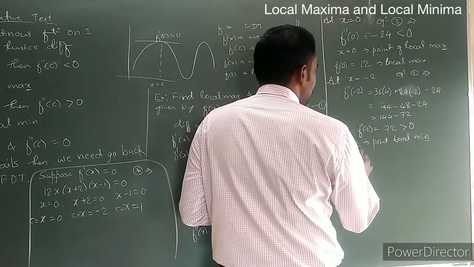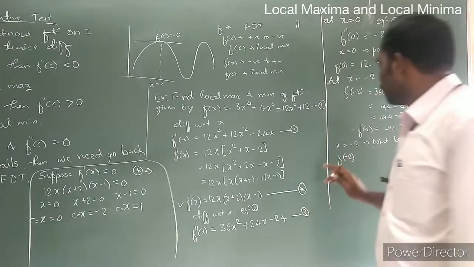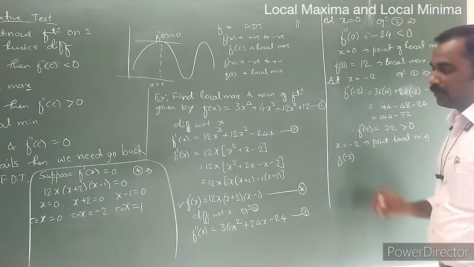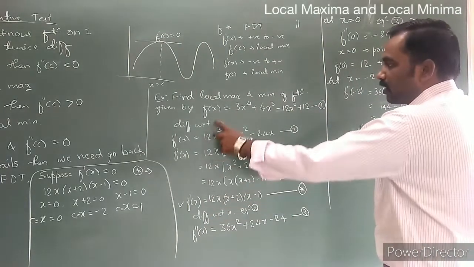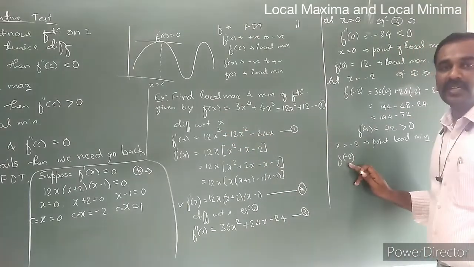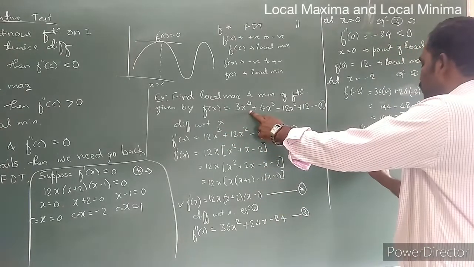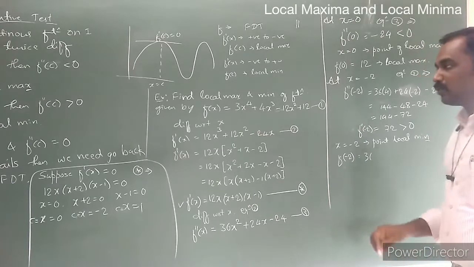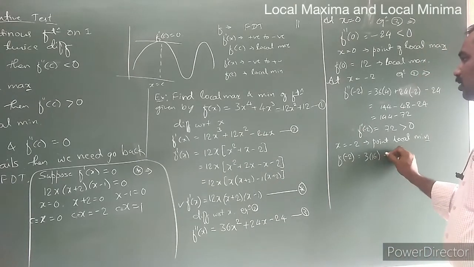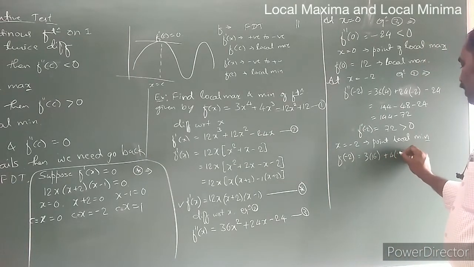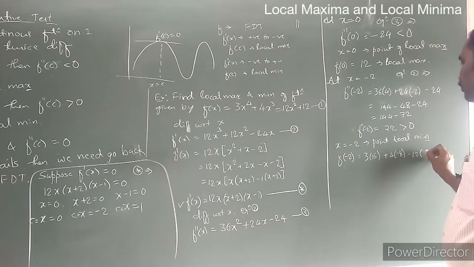Similarly, we can find the local minimum value. What is the local minimum value? f of minus 2. Wherever the given function has x, replace the x value with minus 2. So that is 3 into minus 2 power 4, which is 16, plus 4 into minus 8, minus 12 into 4, plus 12.